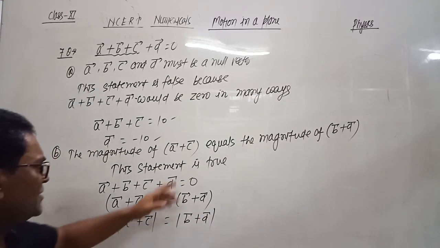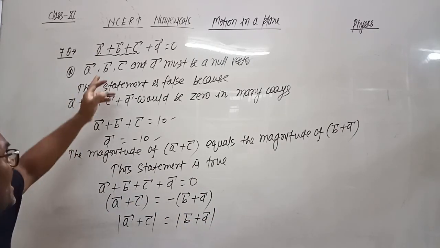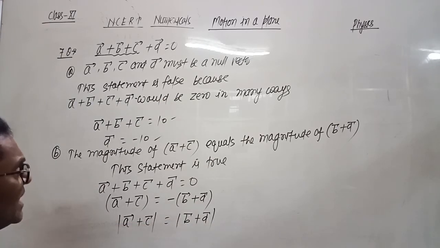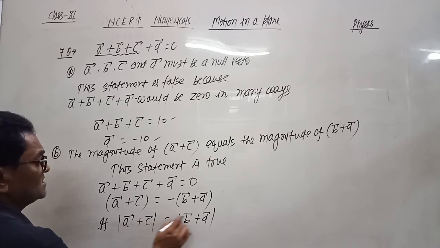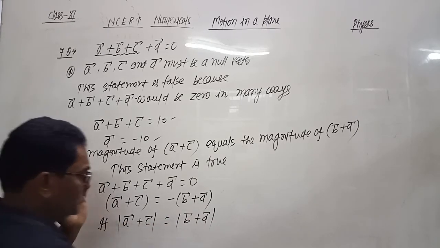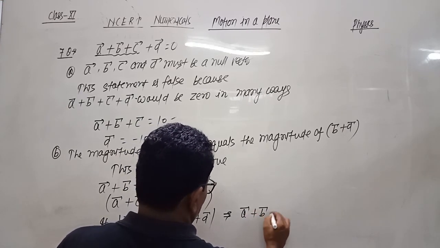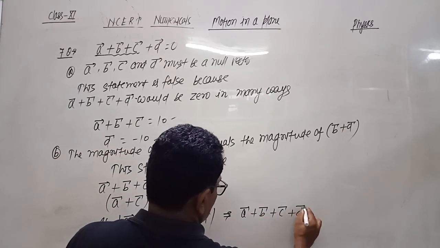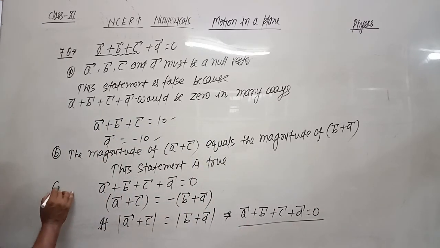So if the magnitude of A plus C is equal to the magnitude of B plus D, this is consistent with A plus B plus C plus D equals 0. So this statement is correct: the magnitude of A plus C is equal to the magnitude of B plus D.